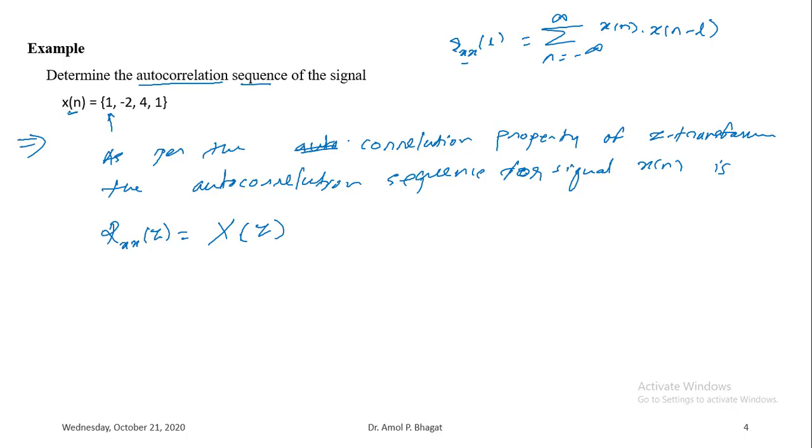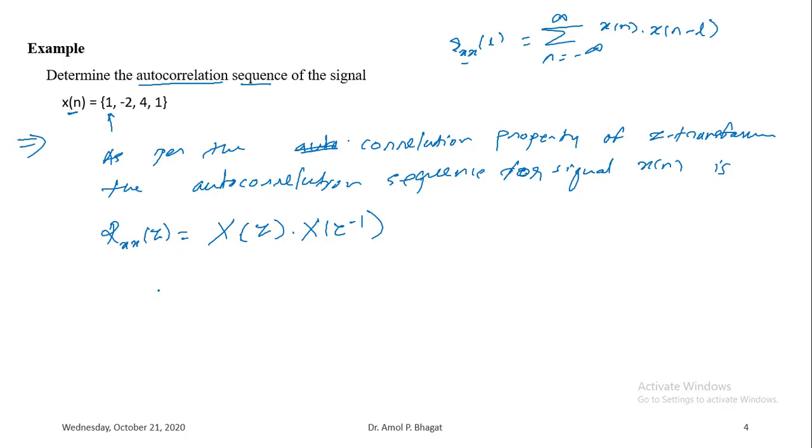So as per the correlation property, it will be X of z multiplied by X of z inverse, right? So Rxx of z equals X of z multiplied by X of z inverse, right?